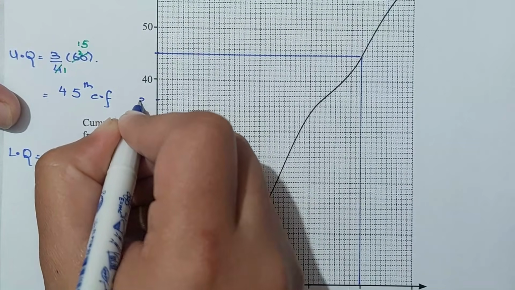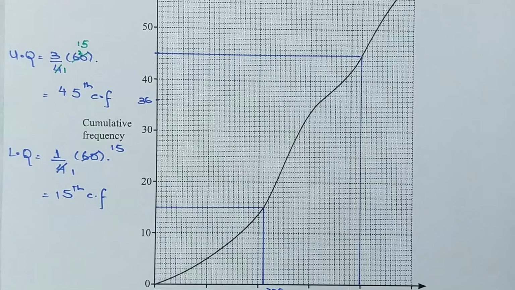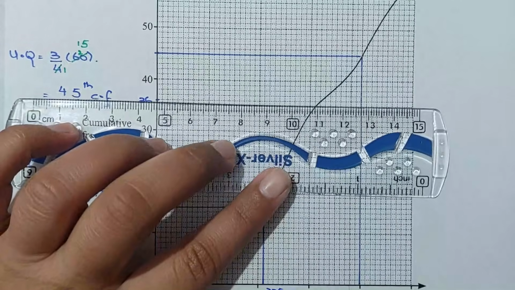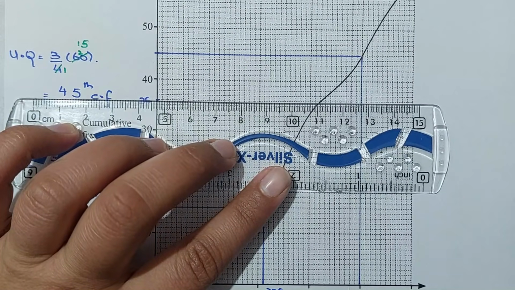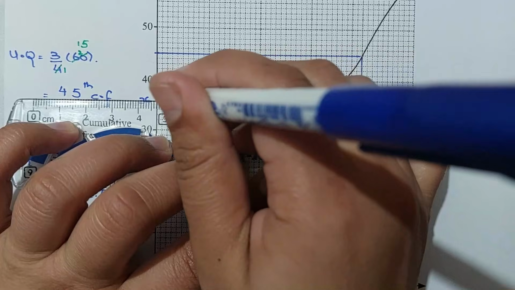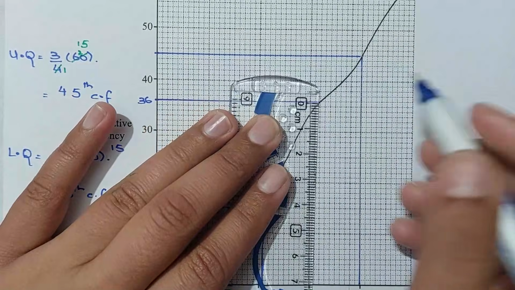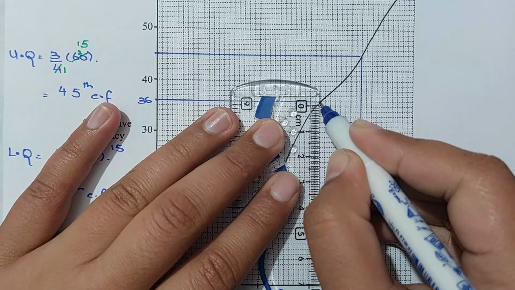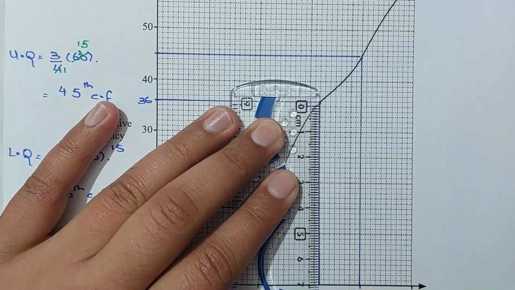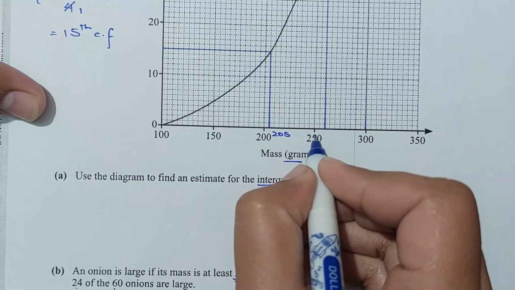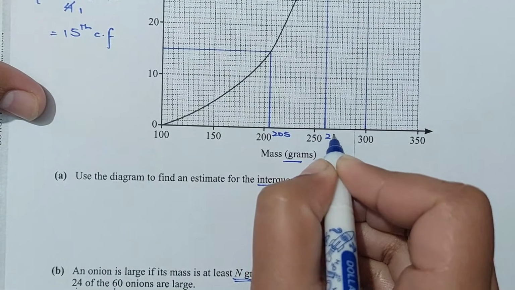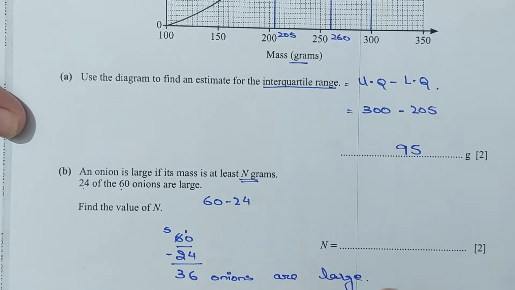Here 35 and here we have 36 from the cumulative frequency. Let me read it. Okay, this is 255 and 260 grams.